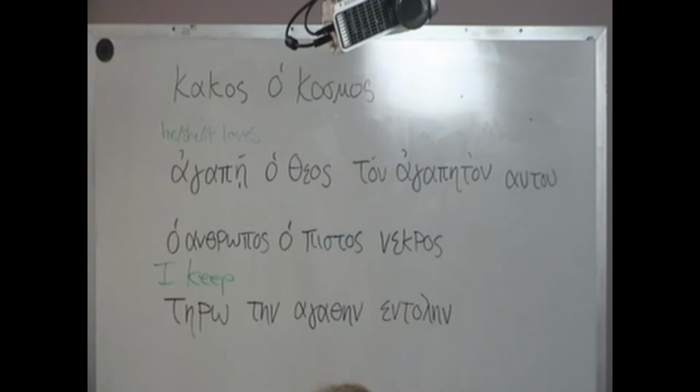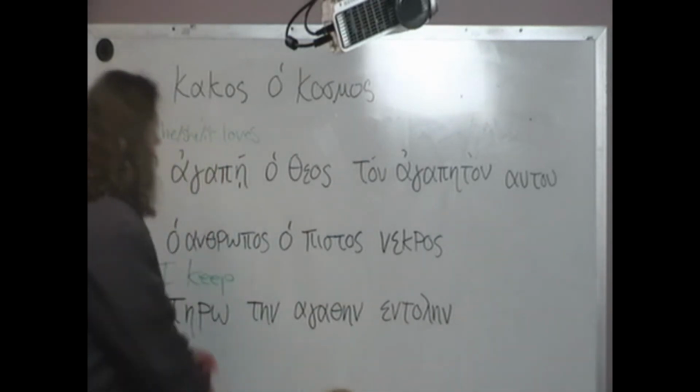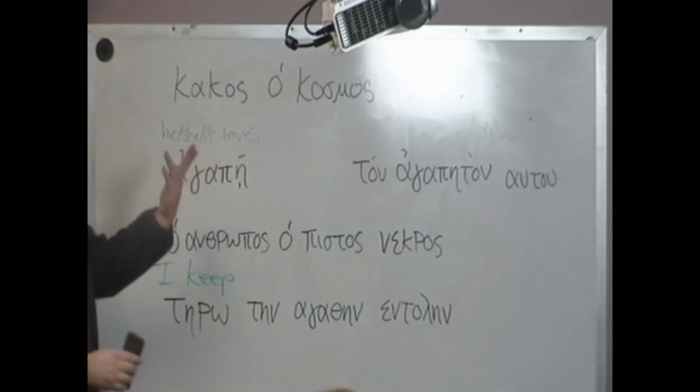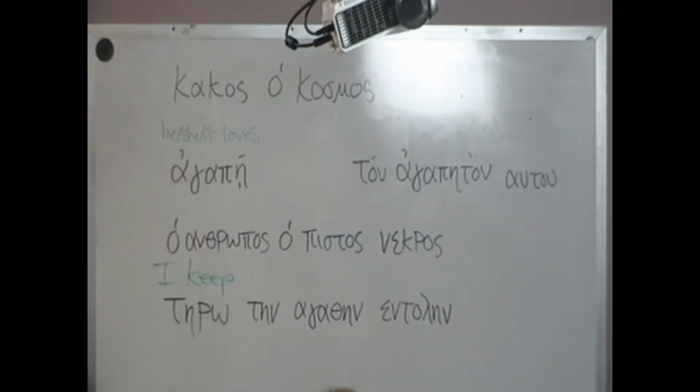Therefore, the word I that's already embedded in that verb is going to be the subject. There's no explicit subject. Because remember, if I removed this, what would that sentence read? He, she, it loves the beloved. Yeah, it's still a complete sentence.